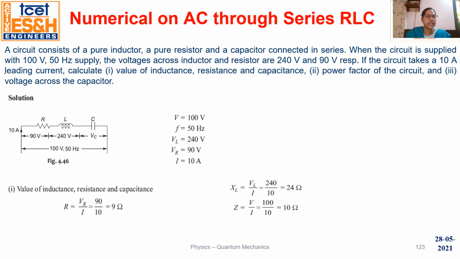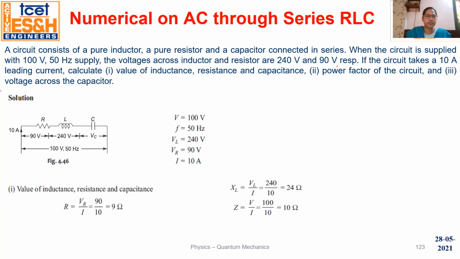Now the next numerical is: a circuit consists of a pure inductor, pure resistor, and a capacitor connected in series. When the circuit is supplied with a 100 volt 50 hertz supply, the voltage across inductor and resistor are 240 and 90 volt respectively.